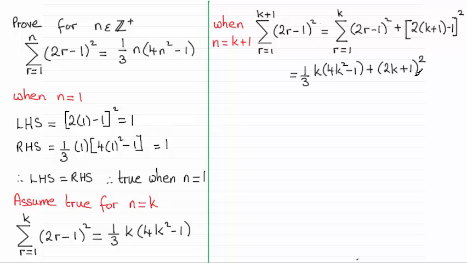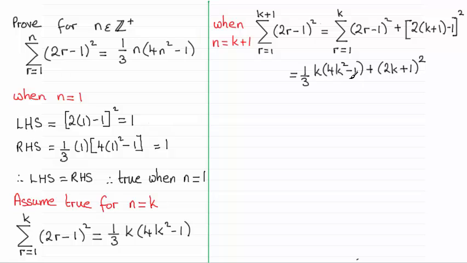Now we need to simplify this, and what we're trying to do is eventually get that this turns out to be 1/3, and wherever there's an n, it should be k plus 1, and here this will be 4 lots of k plus 1 all squared minus 1.